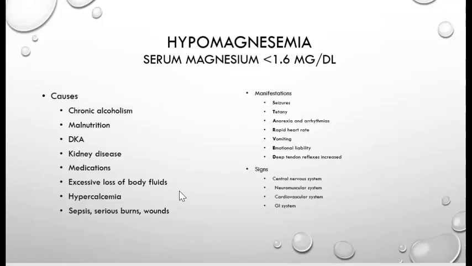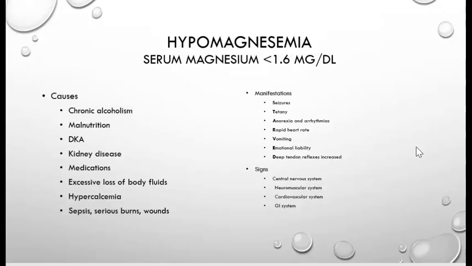Medications can also cause this, like loop diuretics or thiazides, aminoglycoside antibiotics, and cyclosporines. Be aware, too, that magnesium deficits can occur along with low potassium levels and low calcium levels. A lot of times if you're having a hard time maintaining a patient's potassium level, you're going to check their mag and find out that they also have a low magnesium level.